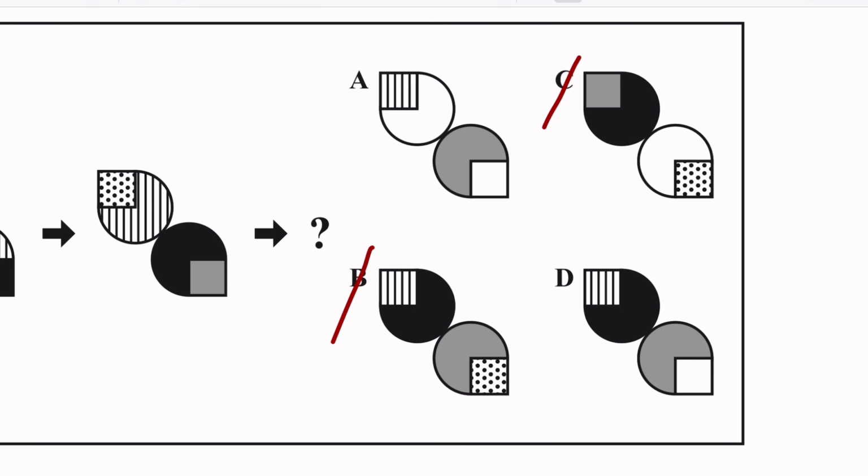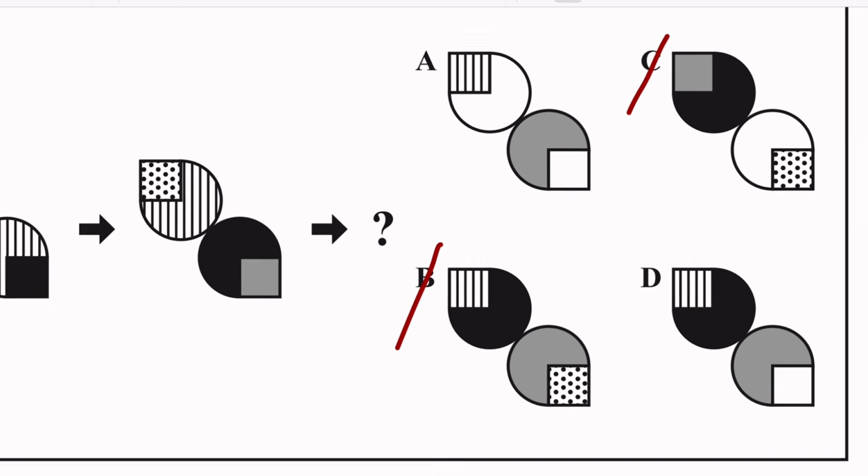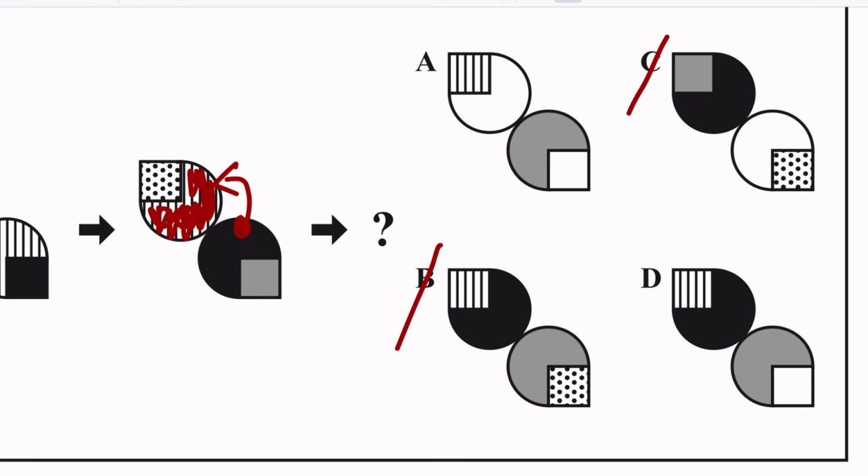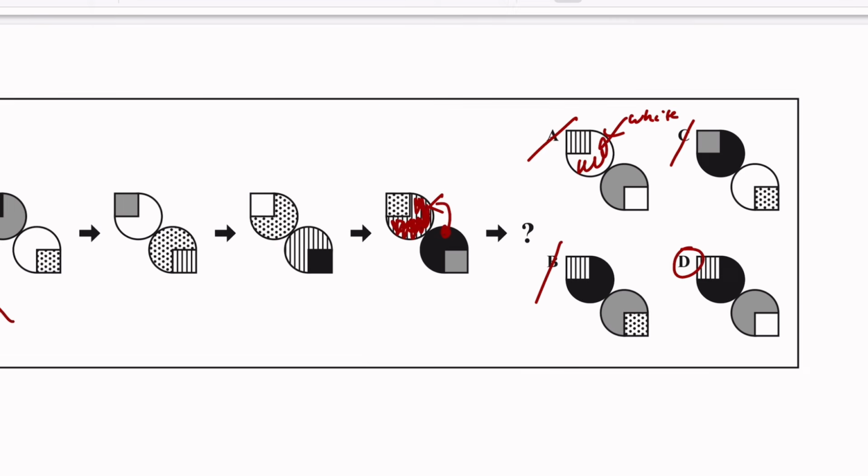If they have it, they're wrong. Now, we should also notice that this black color over here is going to move up and it's going to take up this portion of the circle. So we should have black over here. This is only white. This is only white. So A is wrong, okay? A is wrong. So that leaves us with D, okay? And that's why D is our answer.